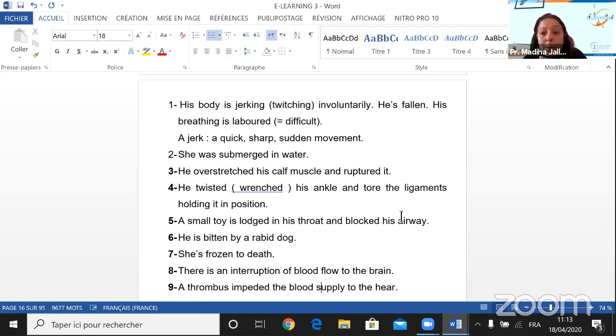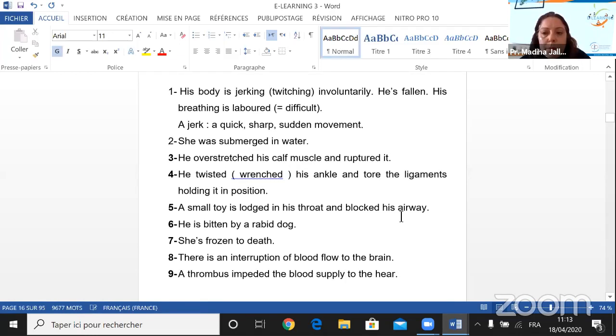The jerk is explained there. It is a quick, sharp, sudden movement. And this person has fallen, and his breathing can be labored or difficult. What is the problem of this patient here? Epileptic seizure. Excellent, epileptic seizure.